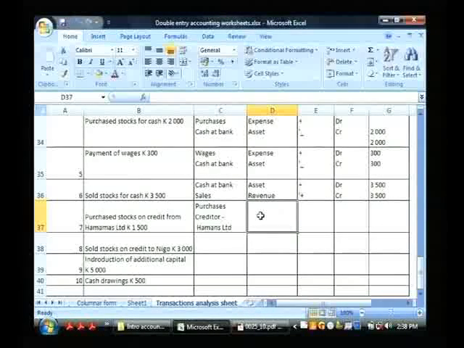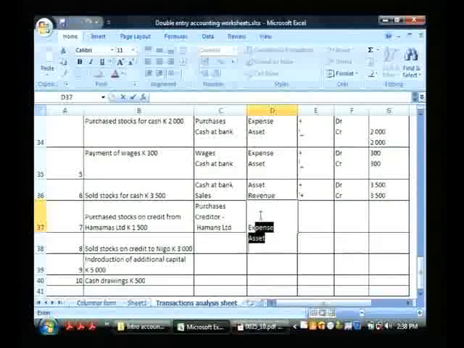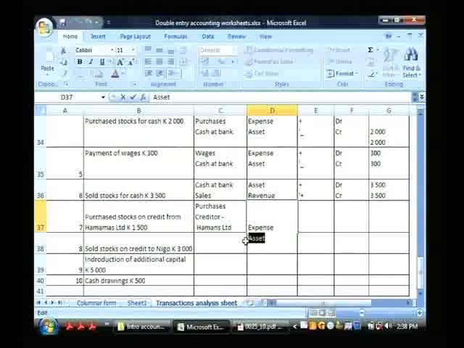Purchases, expense, creditor, liability.